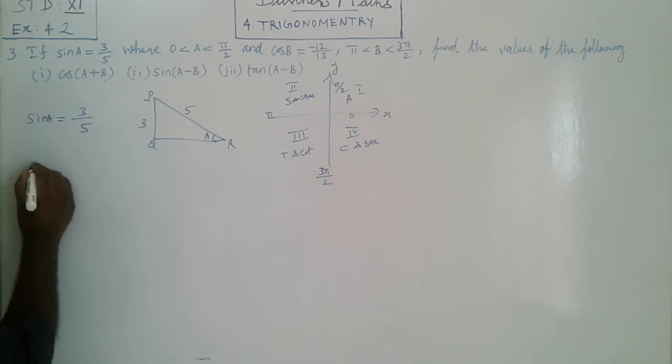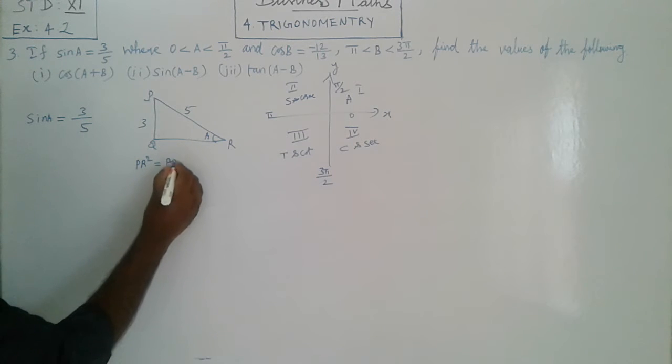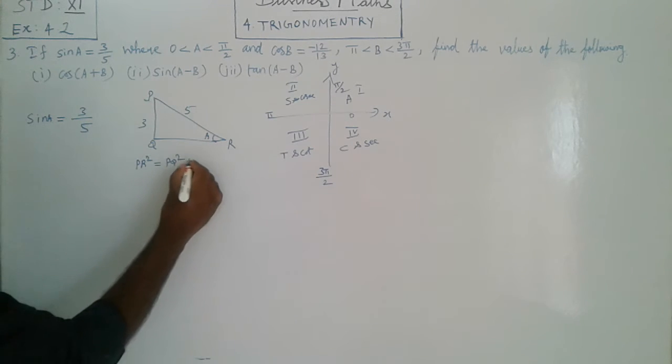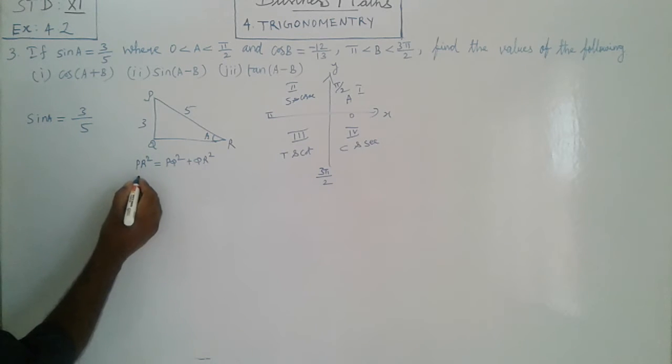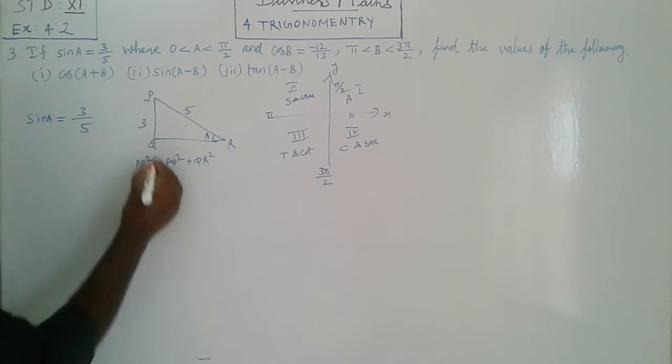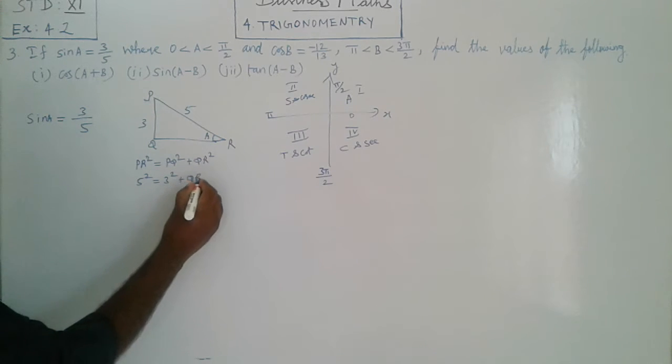By the Pythagoras theorem, PR square equals PQ square plus QR square. So PR square, 5 square, equals 3 square plus QR square. We should find QR square.